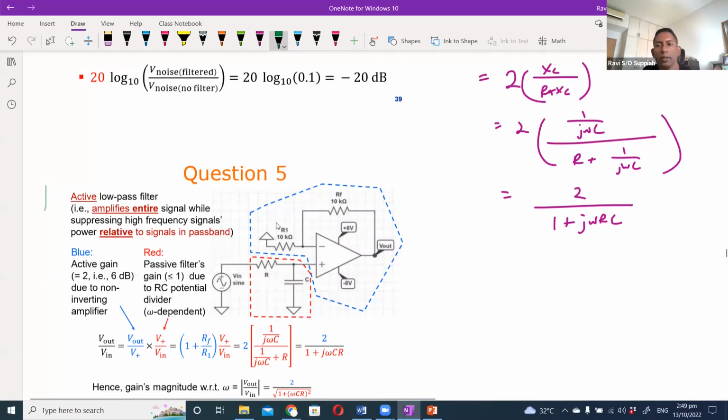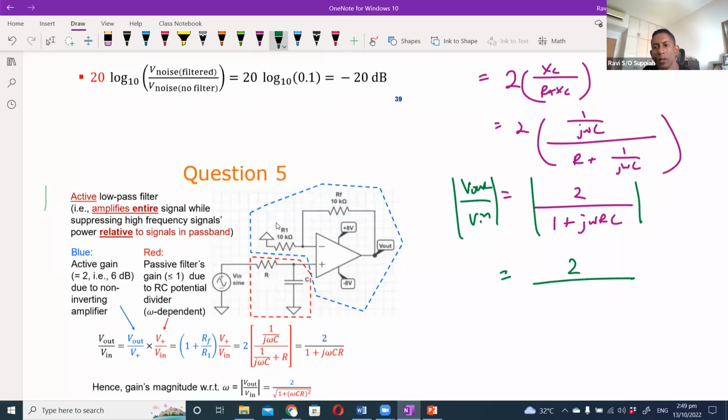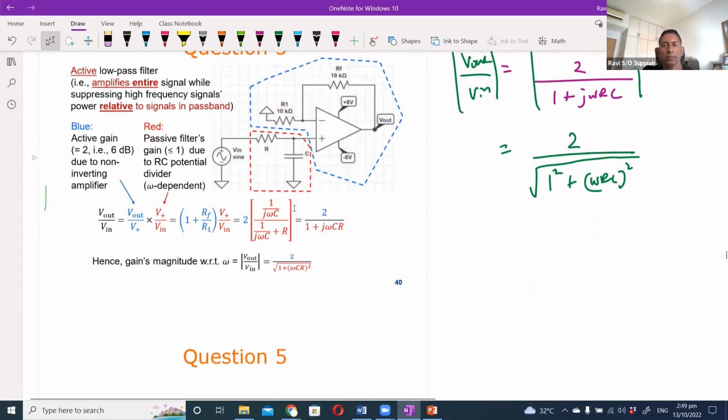So this is V out over V in, and I'm going to look at the amplitude of it. That will be 2 over the square root of 1 plus (omega RC) squared. Now if I take the log of it, then what will I get?